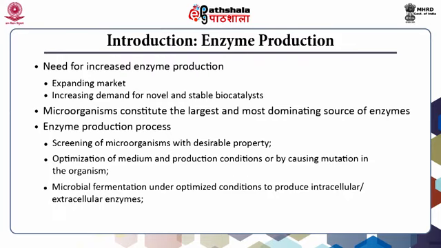The microorganisms used for enzyme production are grown in bioreactors or fermenters under optimized medium and culture condition. Both solid state and submerged fermentation methods are used industrially. These enzymes are separated from the microbial culture using centrifugation or filtration and then stabilized to maintain suitable shelf life.